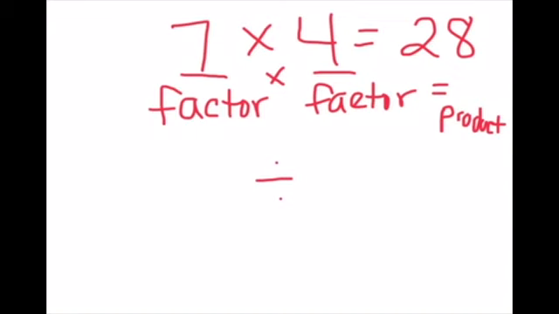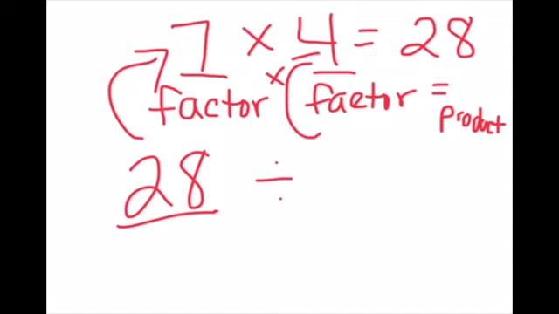So in this case, I am going to have our 28 be first because whenever we divide, we always have our big number first. And that will be divided by one of these small numbers up here. I could do a 7 or I could do a 4.